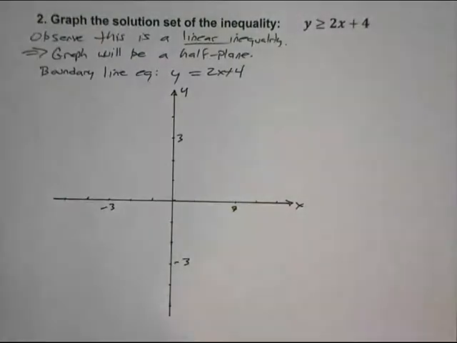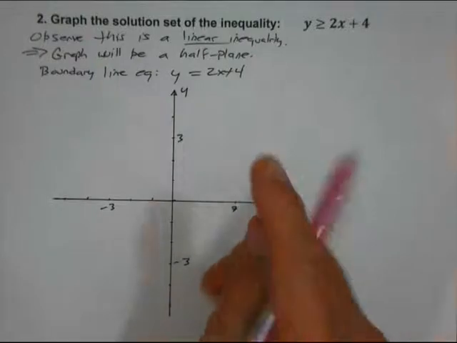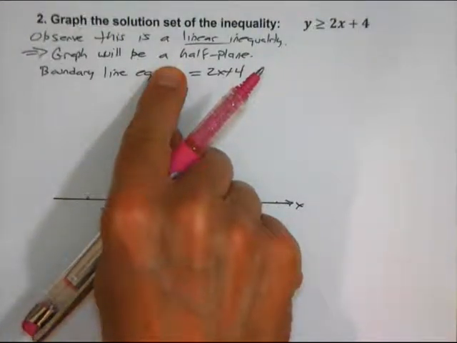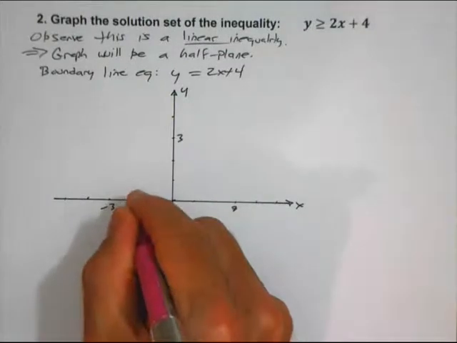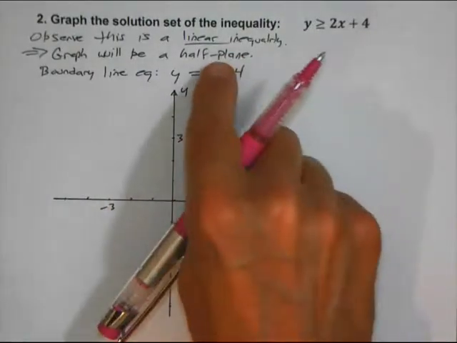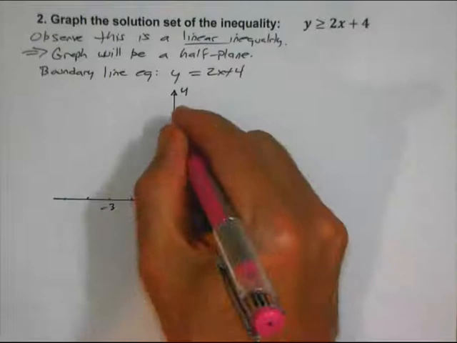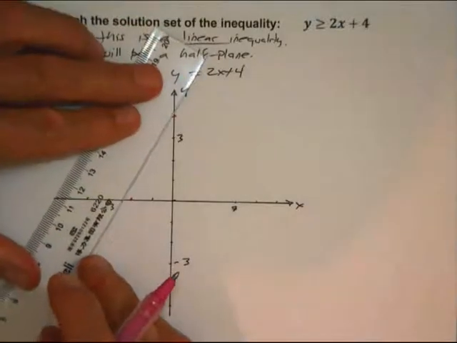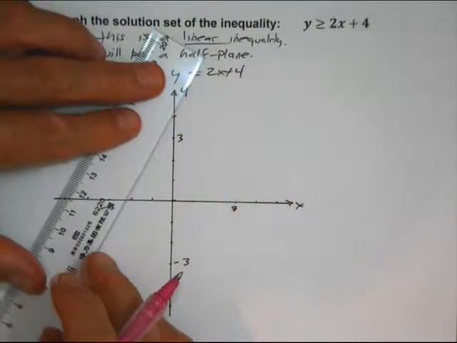Now, a contrasting color for this boundary line. Again, if y is 0, x is negative 2. If x is 0, y is 4. Now, in sketching this boundary line, should it be a dashed or solid line?